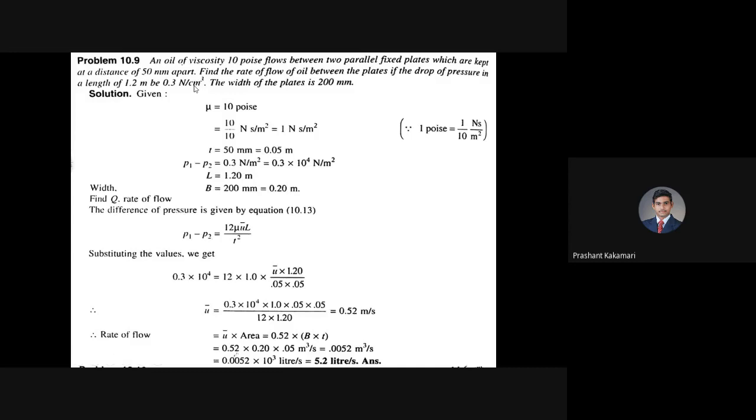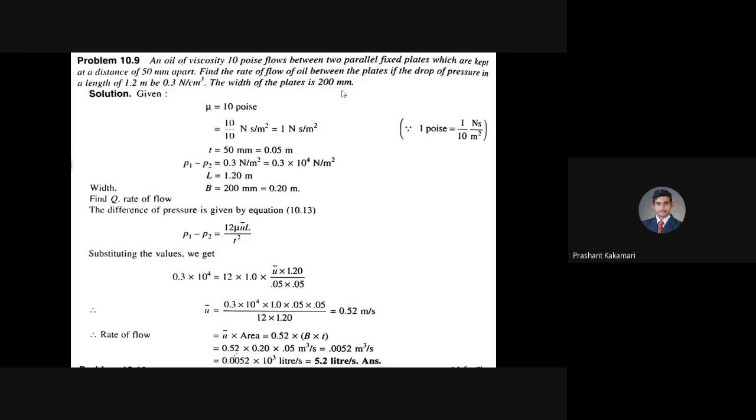So this we have to convert in SI units. It should be Newton per centimeter square actually. Then you can convert this into Newton per meter square. That will be pressure drop. Next point is the width of the plates is 200 mm. Now all of you focus on the dimensions of the channel. Height between these two plates is 50 mm apart.